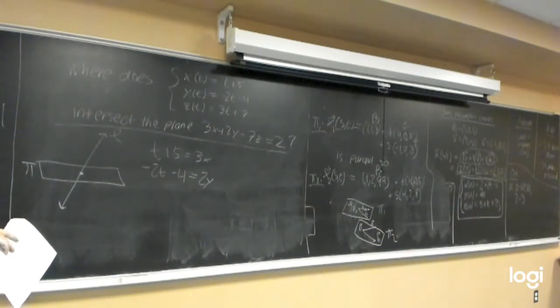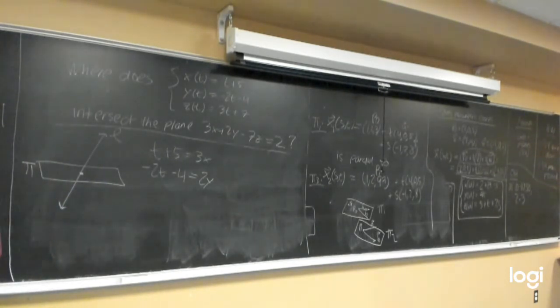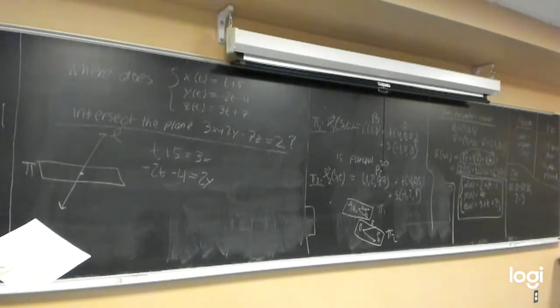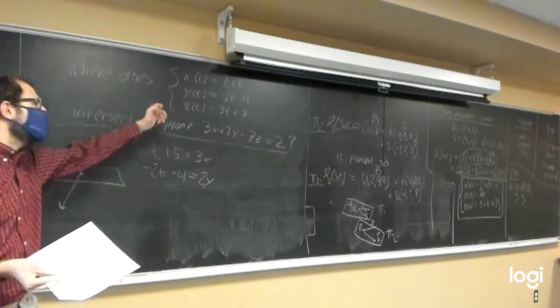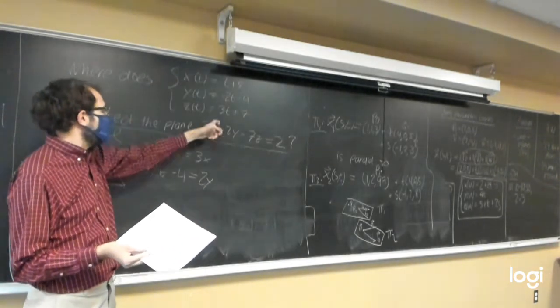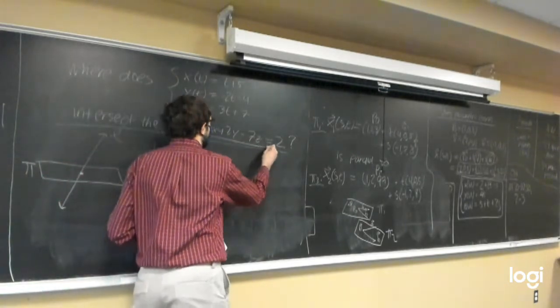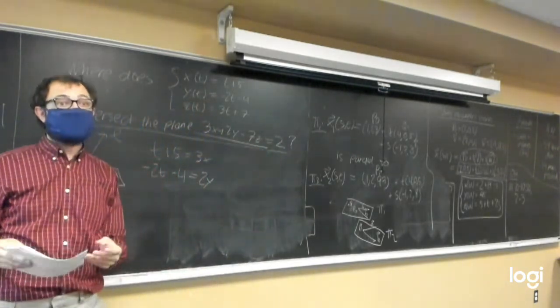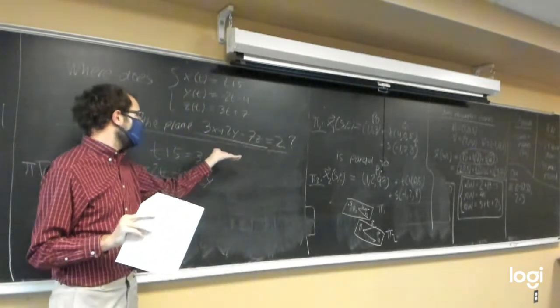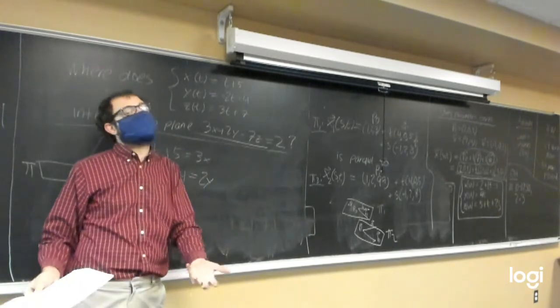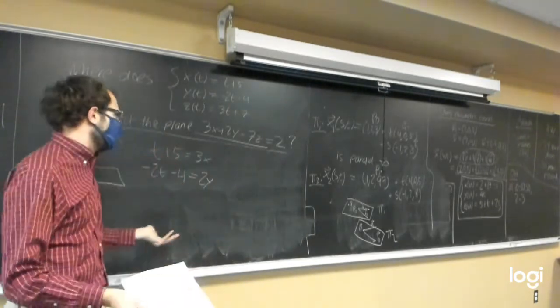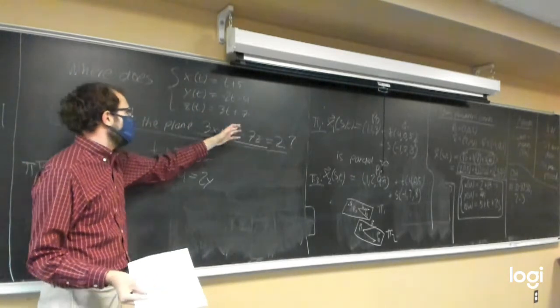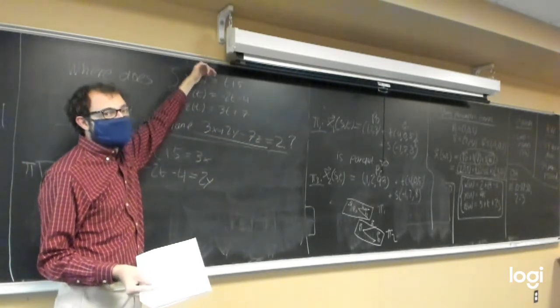I don't like this. Why don't I like this? I think the issue we're going to run into is that this is not giving us something that's a three-dimensional point. 3x plus 2y minus 7z is just going to be a scalar value, so we don't have three separate components that are going to be equal to the x, the y, and the z.